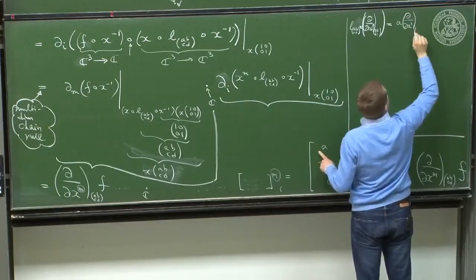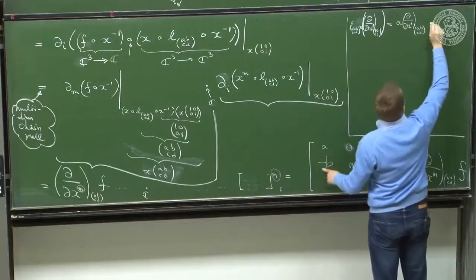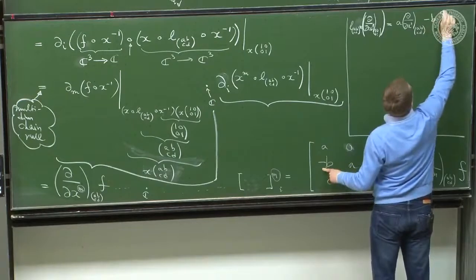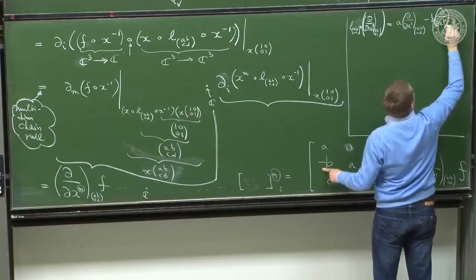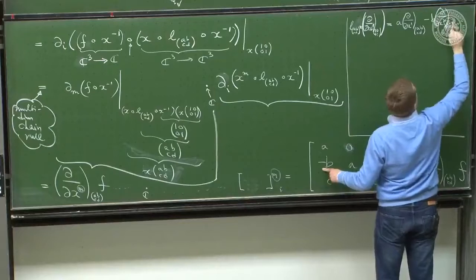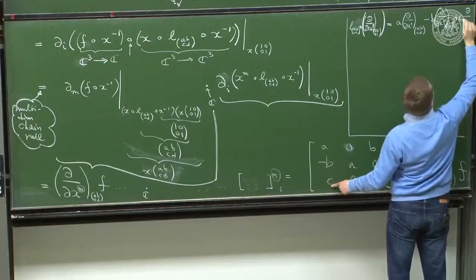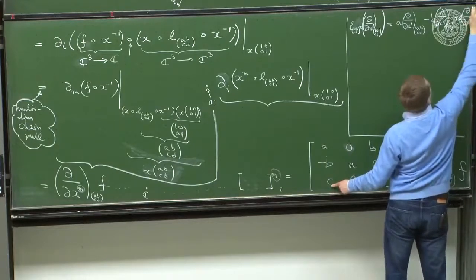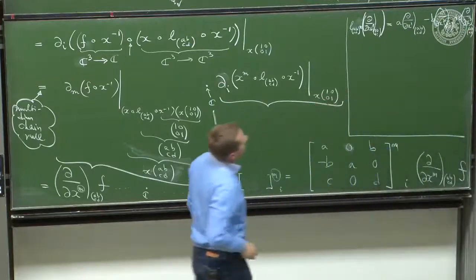But this is the tangent vector coordinate induced at a, b, c, d, minus b times d by dx2 at a, b, c, d, plus c times d by dx3 at the point a, b, c, d.